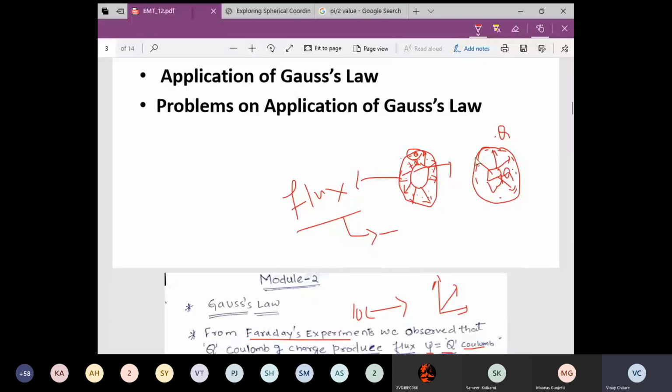Whereas with a cubic conductor, the number of flux lines will be the same, but the flux lines will not be uniformly distributed, and the flux density will not be the same on every unit area of the outer surface. That's the only difference.